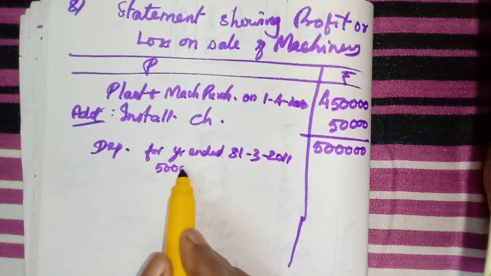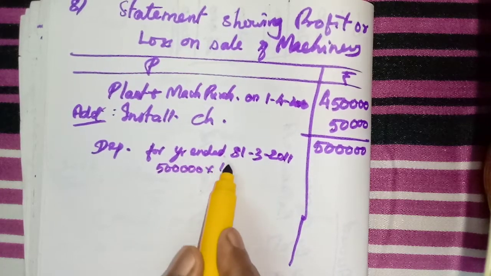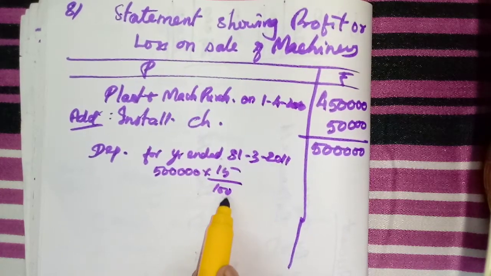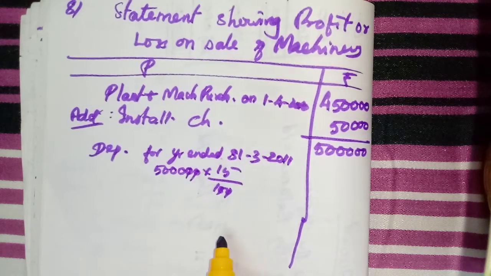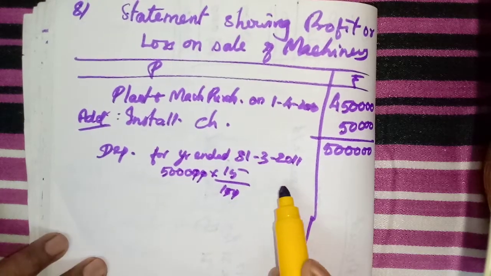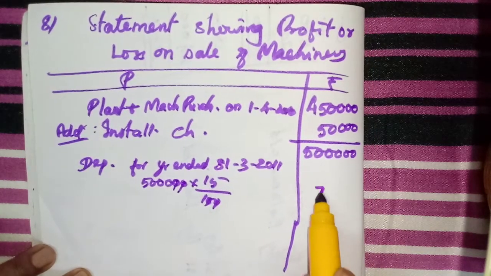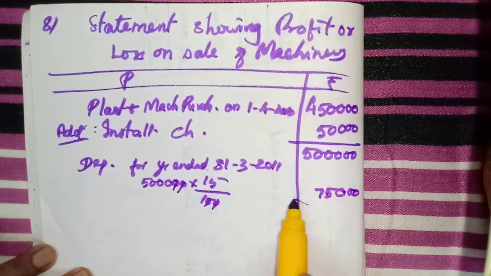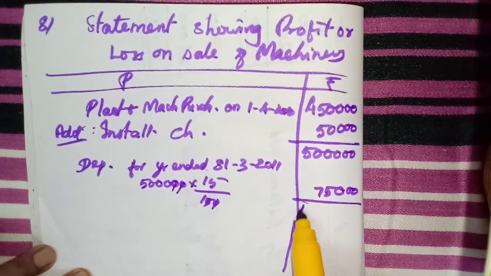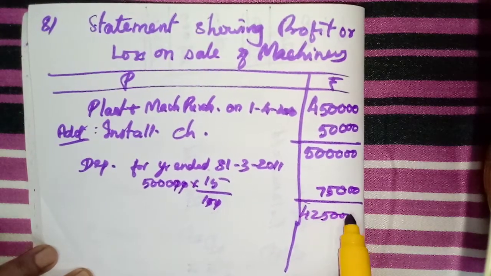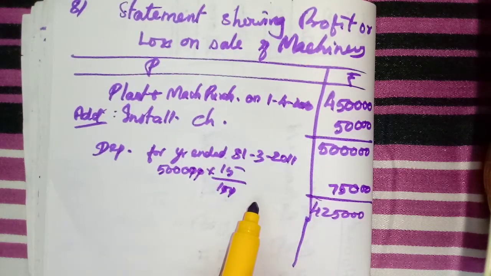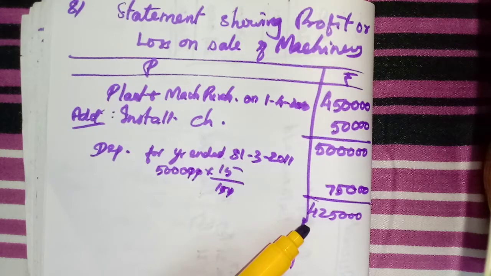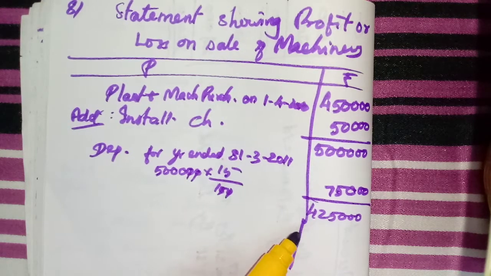So we need to calculate the depreciation at 15%. 15 into 5, 75,000. Then 75,000 deducted, 4,25,000 we will get as the balance, isn't it? Then it is the first year balance. For how many years? For 3 years they have used, isn't it?